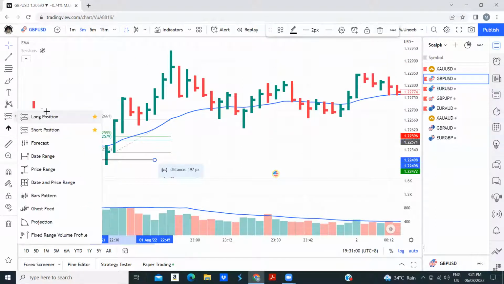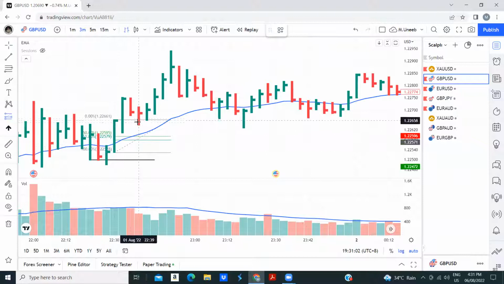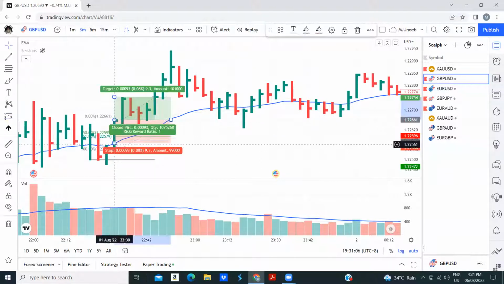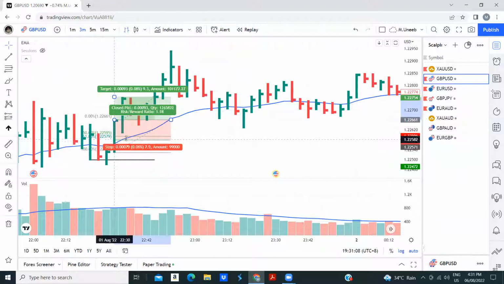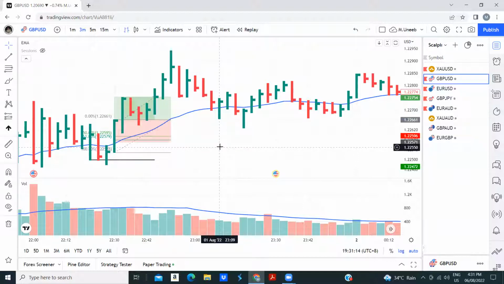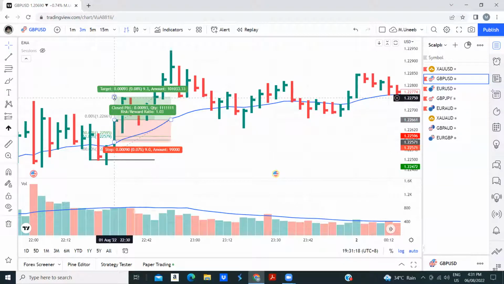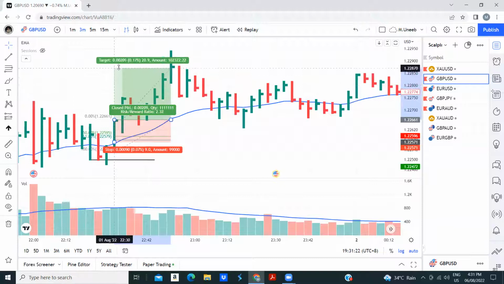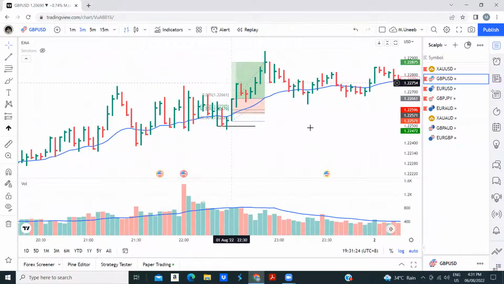What are you going to do? The first point is you just wait for the test and then enter. The second point is you can enter over here as well. Place your stop loss just below this 61.8 or between it, but I suggest you place it just below 61.8 to be more comfortable. Otherwise, you will freak out from time to time, or your stop loss will get hit too many times. And now, if you just measure the target here, that's 2.3R. Very easily.